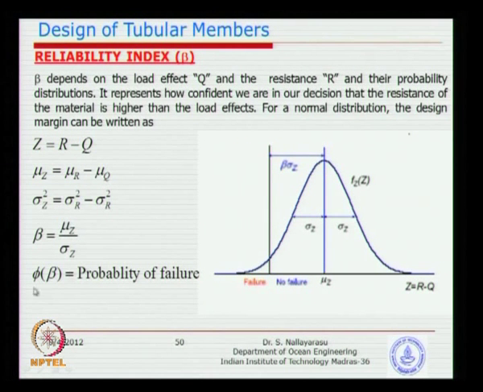In most of the available textbooks, for a normal distribution you can get the table for reading the probability of failure for a given reliability index. When you next take the advanced mechanics course, we will go in depth into how you can calculate the probability of failure.